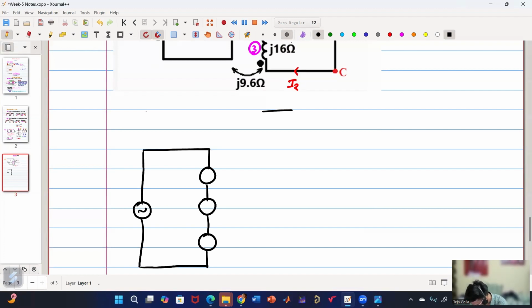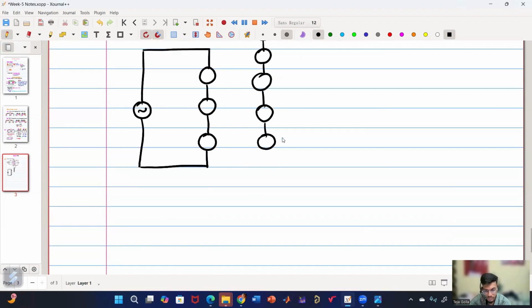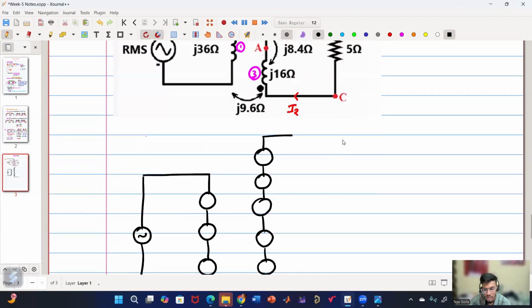So now here we'll have six, three for that and three for this. And what is connected in the load? Load has a resistor.